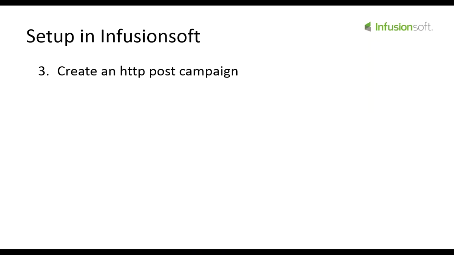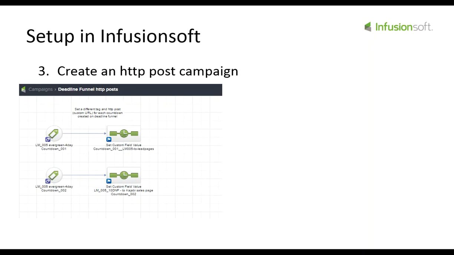So the next step is to create the HTTP post with the API integration from DeadlineFunnel. Now for me, since I have multiple countdown timers in production, I like to put all the post actions for DeadlineFunnel in one tidy campaign. You can, of course, place each one of these in the campaign associated with the countdown timer as well. It's not a problem.